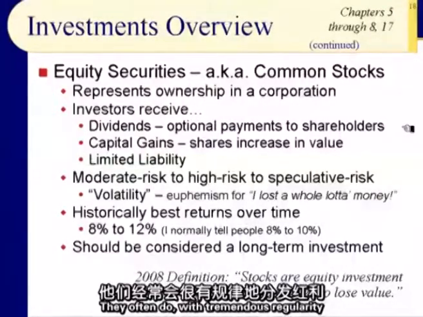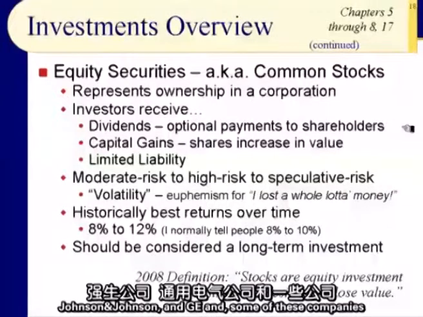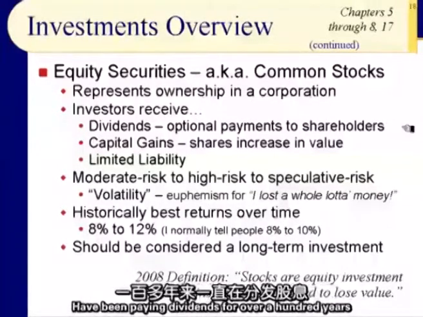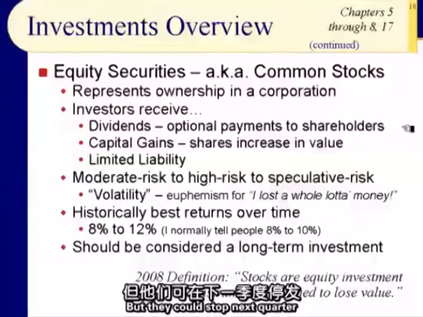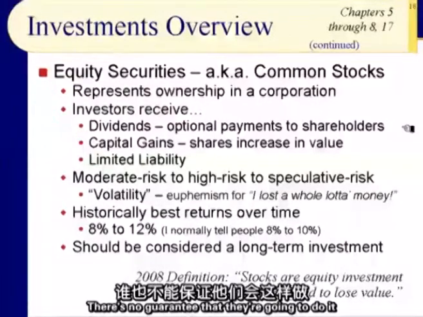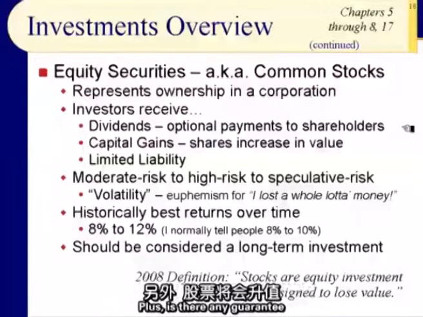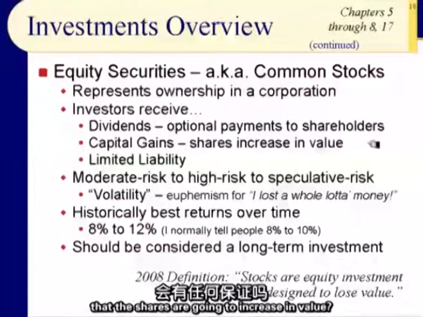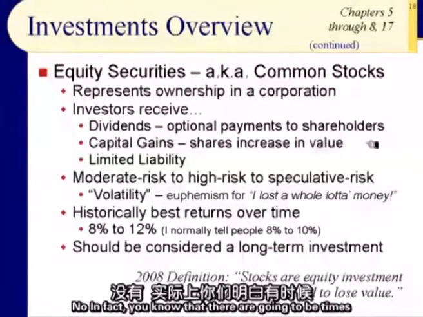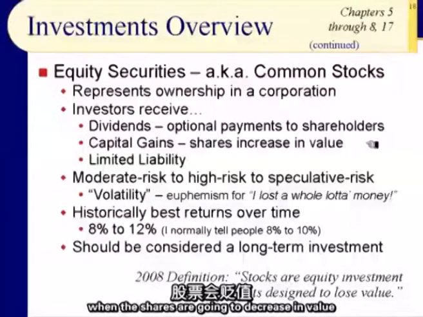They often do with tremendous regularity. Johnson & Johnson and GE and some of these companies have been paying dividends for over 100 years, but they could stop next quarter. There's no guarantee that they're going to do it. Plus, is there any guarantee that the shares are going to increase in value? No. In fact, you know that there are going to be times when the shares are going to decrease in value.